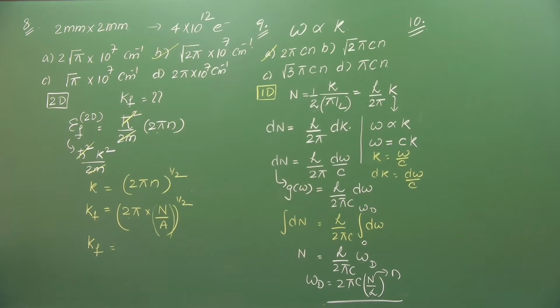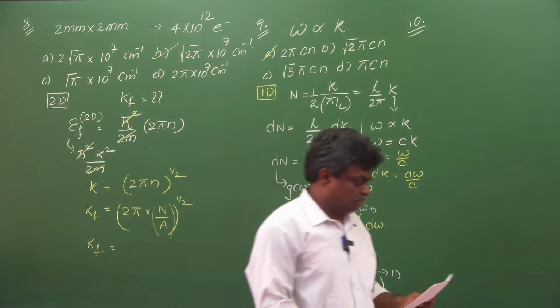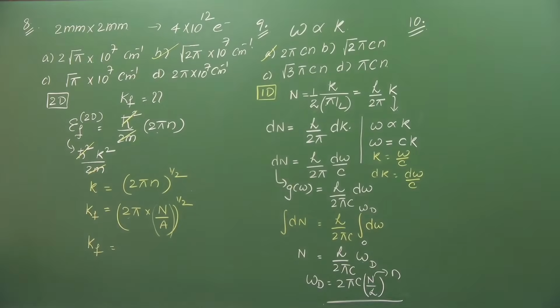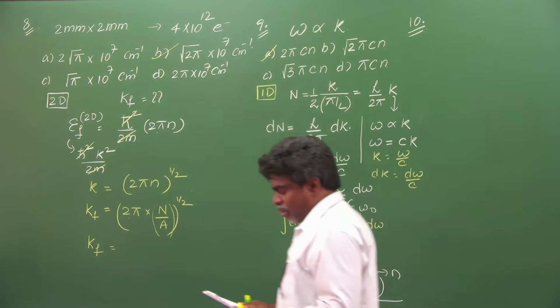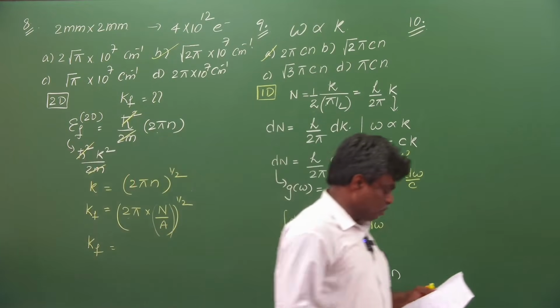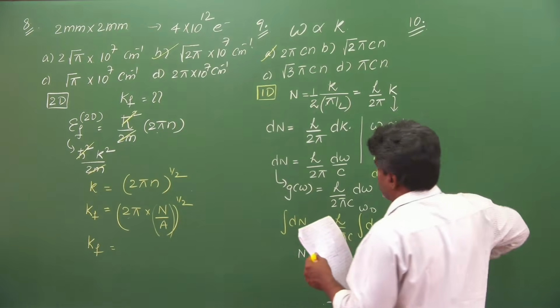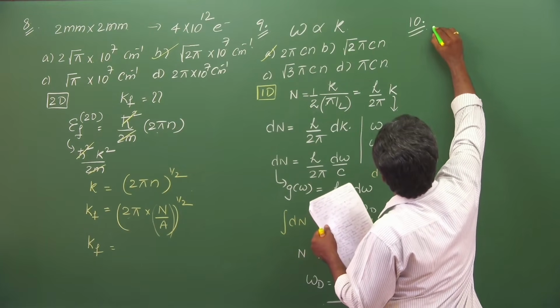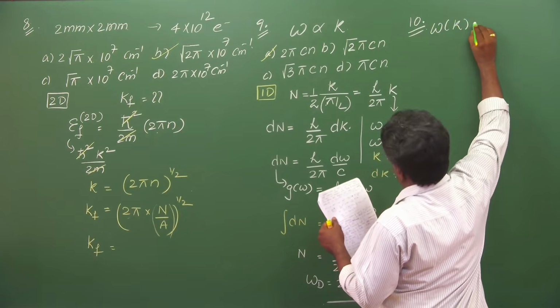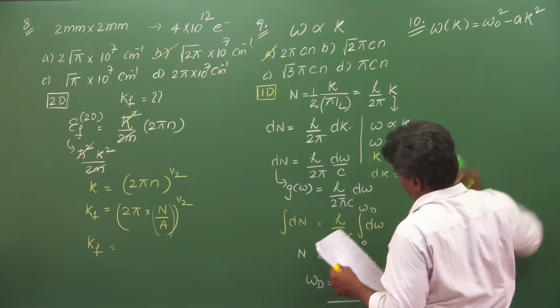Ready? Next problem. This is December 2018. Write down. The dispersion relation of optical phonons in a cubic crystal, omega of k equal to omega naught square minus ak square.